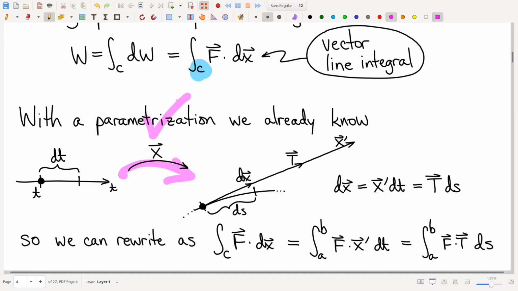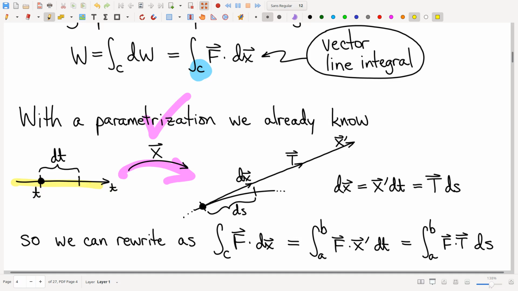We've already talked about viewing curves as images. They're parameterizations. We're going to realize it then as being the image of a particular domain in the pullback space. And we're going to pull back through the parameterization. Basically the same idea as we did for scalar line integrals.